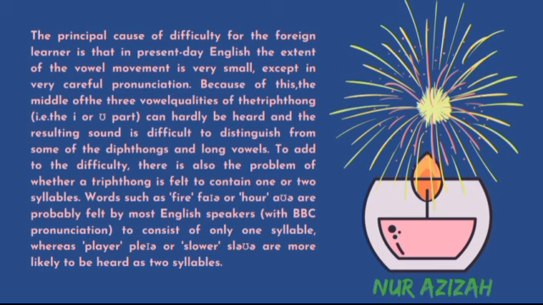To add to the difficulty, there is also the problem of whether a triphthong is felt to contain one or two syllables. Words such as fire or hours are probably felt by most English speakers with BBC pronunciation to consist of only one syllable, whereas player or flower are more likely to be heard as two syllables.